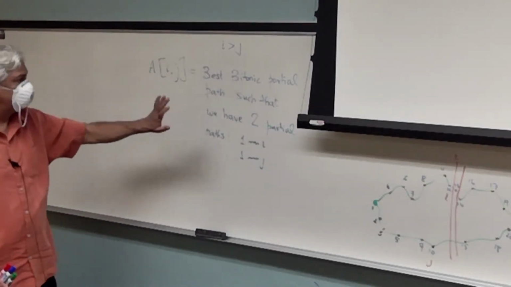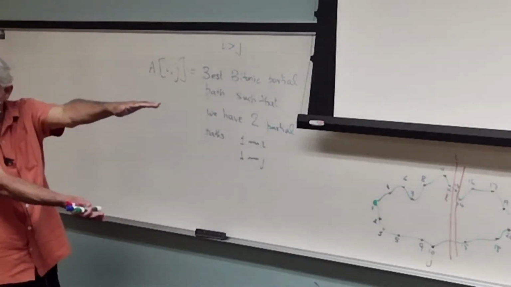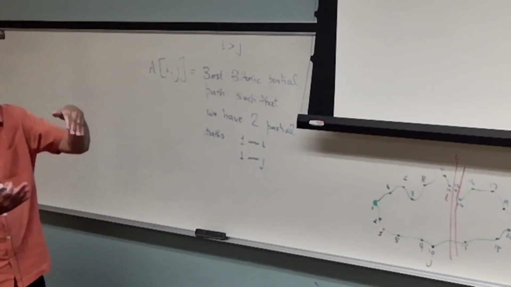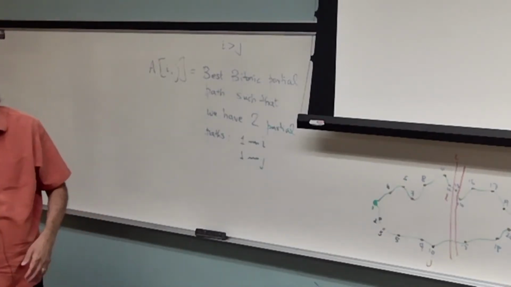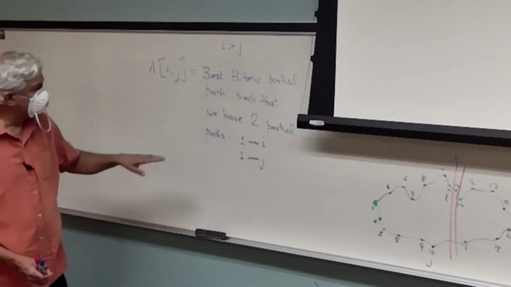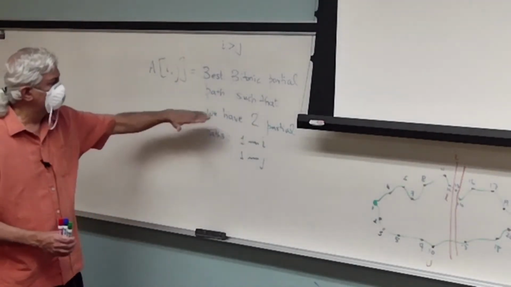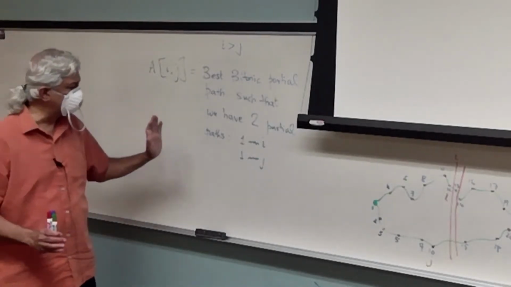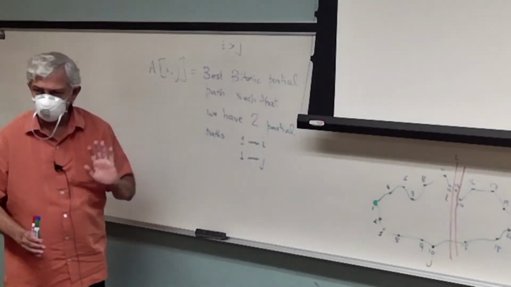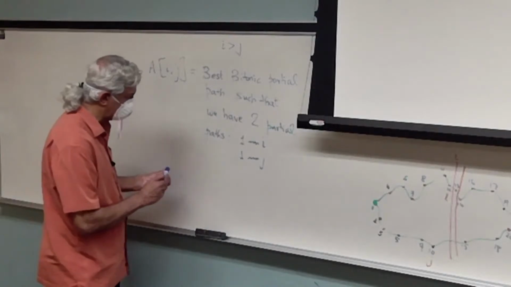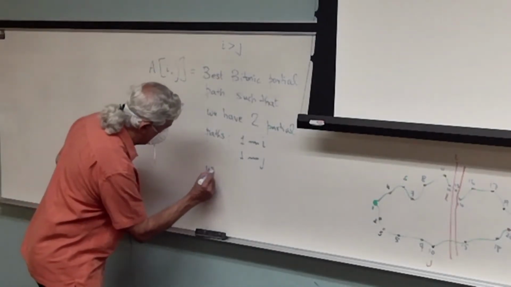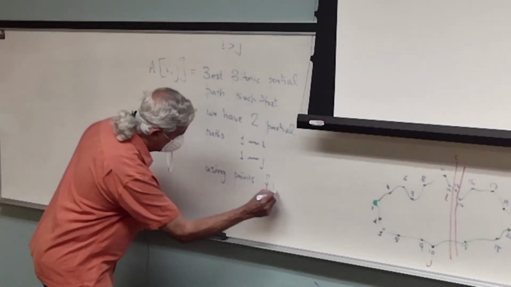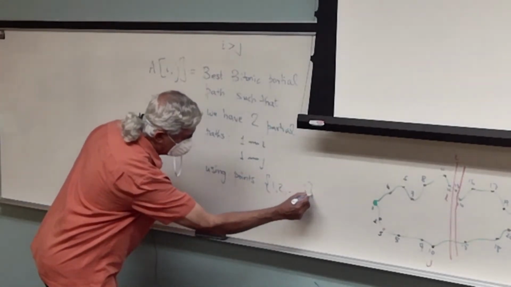We're saying this is the best possible partial path. Partial path means these are two paths that haven't been brought together yet at the other end. So they're open paths, shall we say, and it's the best possible so far by including everything until, so I should add that here, using points 1, 2, 3, all the way up to i.